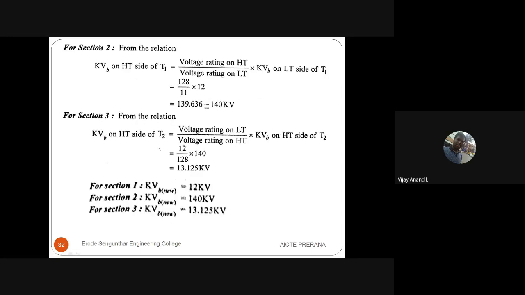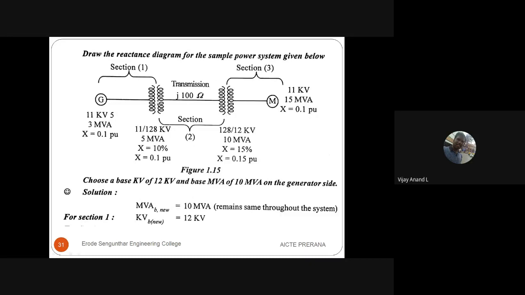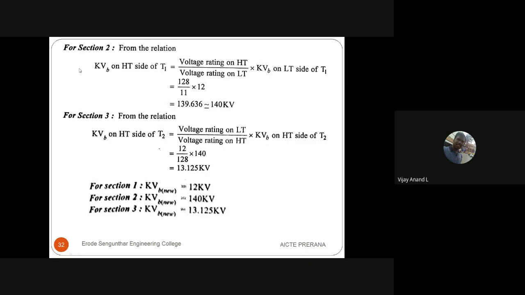Okay. So for section two, from the relation, we know section 2 is nothing but a transformer. We know the relation that kV_B on the HT side of T1 divided by kV_B on the LT side of T1 is equal to voltage rating on the HT side divided by voltage rating on the LT side.